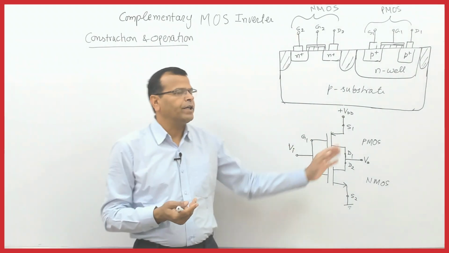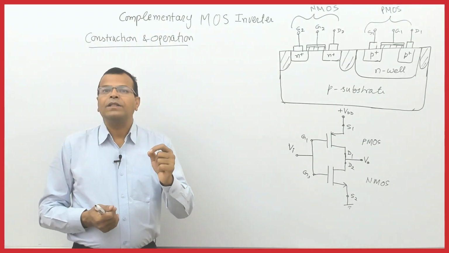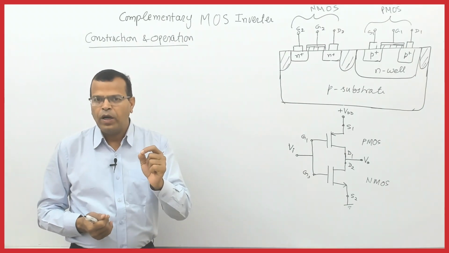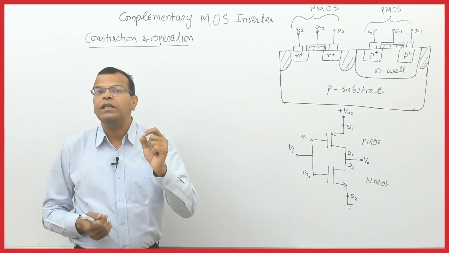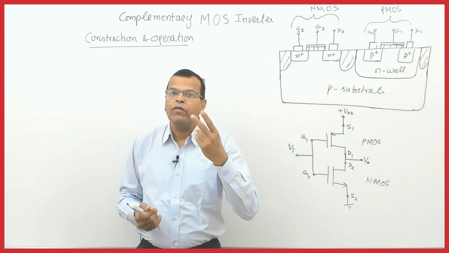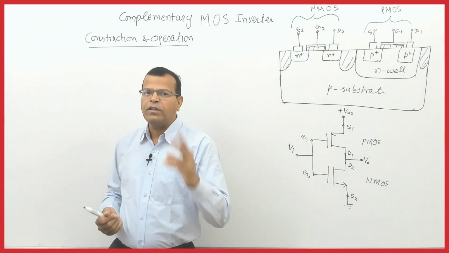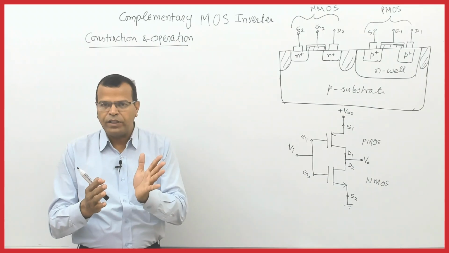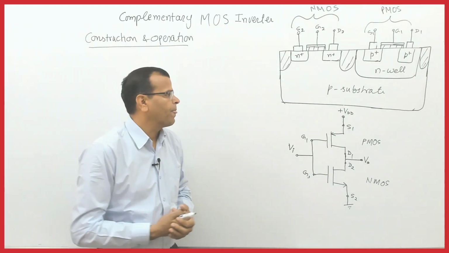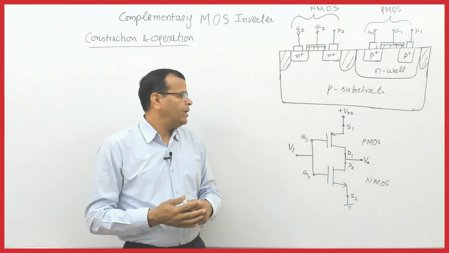The voltage 0 is ground, which is logic 0, and the voltage plus VDD is logic 1. So we have only 0 and 1 in digital circuits. In CMOS we will have only two levels, either 0 or plus VDD, or we can say either logic 0 or logic 1.